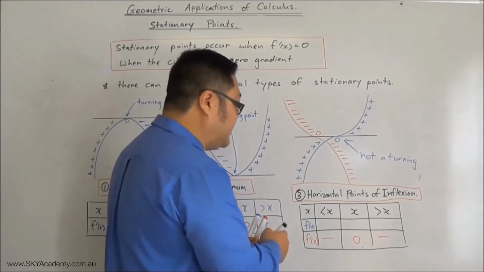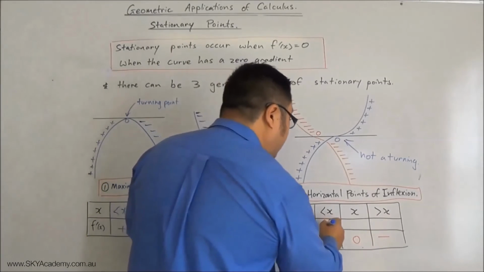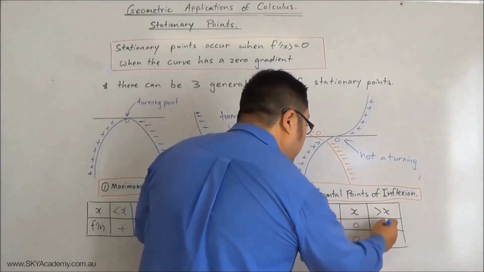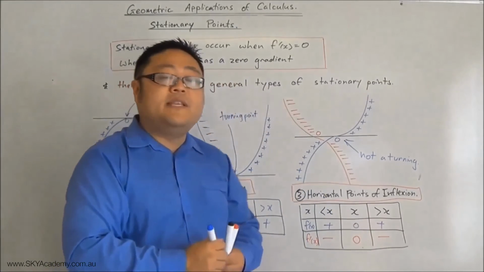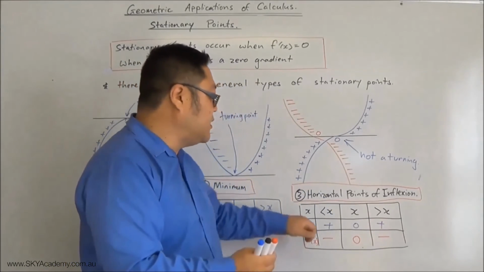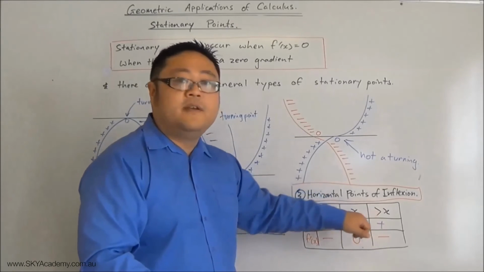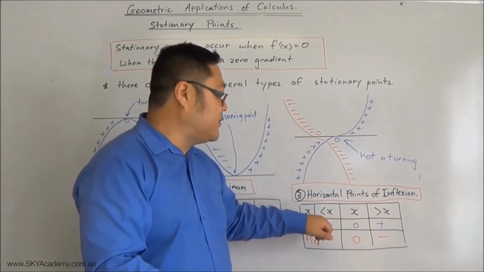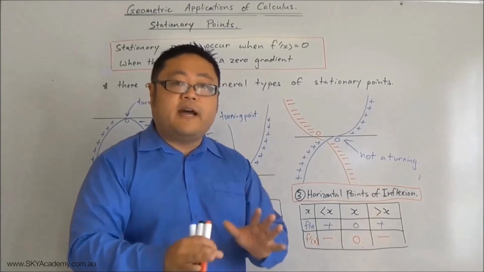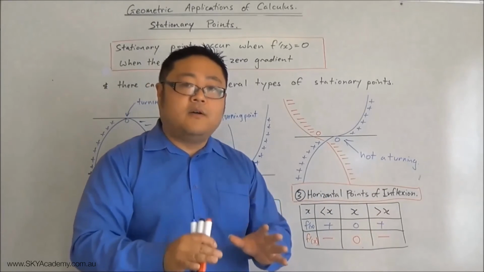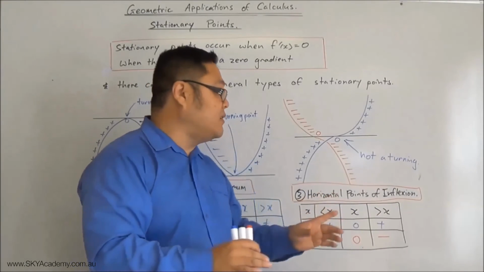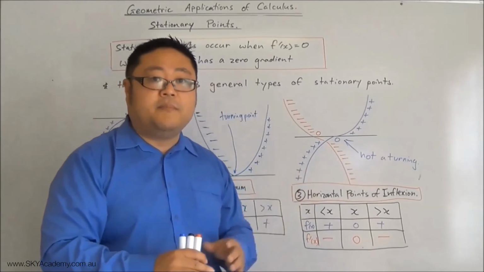For the blue case, you're going positive, zero, positive. Where there is no sign change, where it goes from positive, zero, positive, that is what we call a horizontal point of inflection. It is not a turning point.